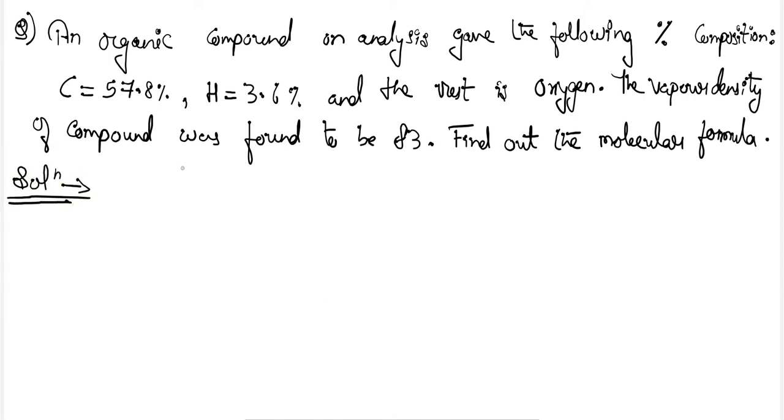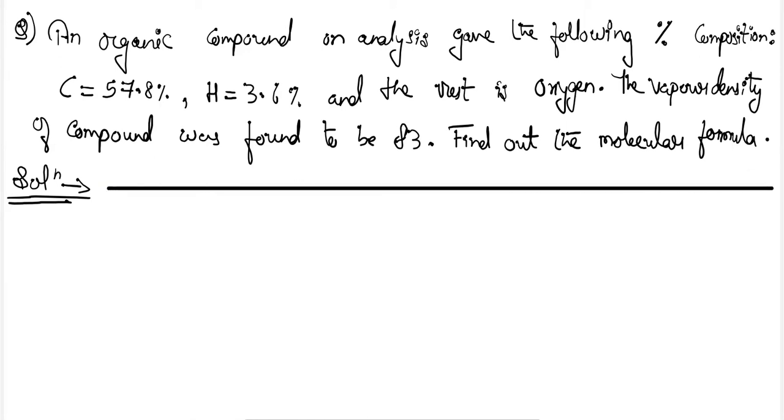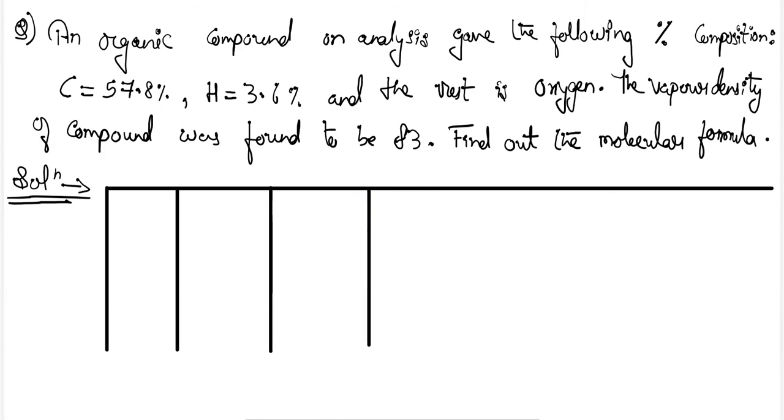Solution. Here also we have to make a table. Let's make the table: first for the element, second for the percentage, third for the atomic mass, fourth for the moles, fifth for your simplest ratio, and sixth for your simplest whole number ratio.